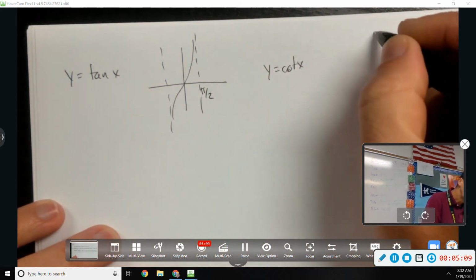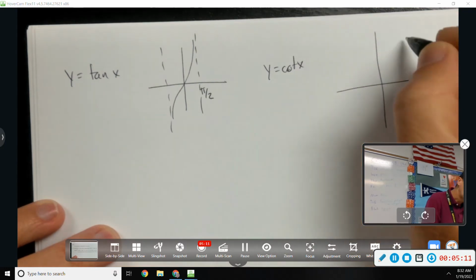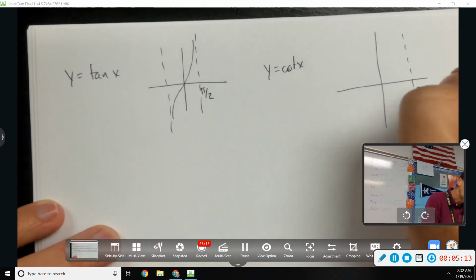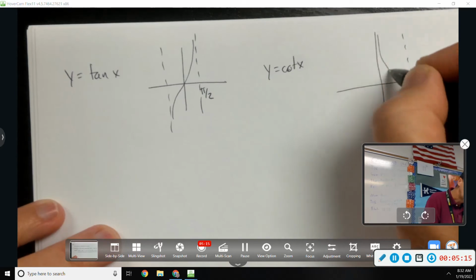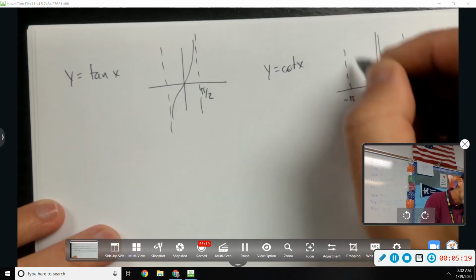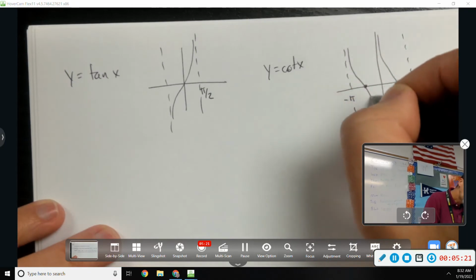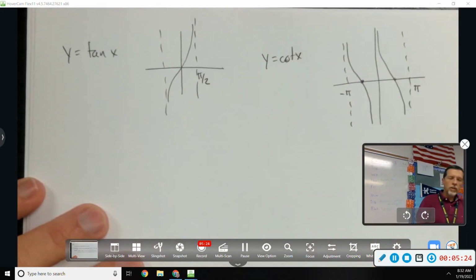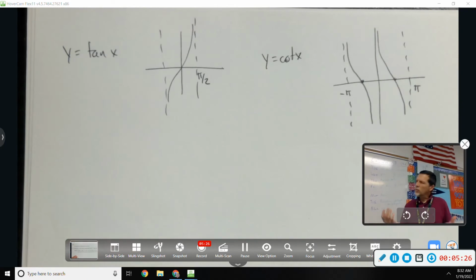Cotangent has asymptotes at the pi's and is decreasing, like that. So the question is, why are the asymptotes different? One of them's at the pi over 2's and one of them's at the pi's? Yeah. Okay.